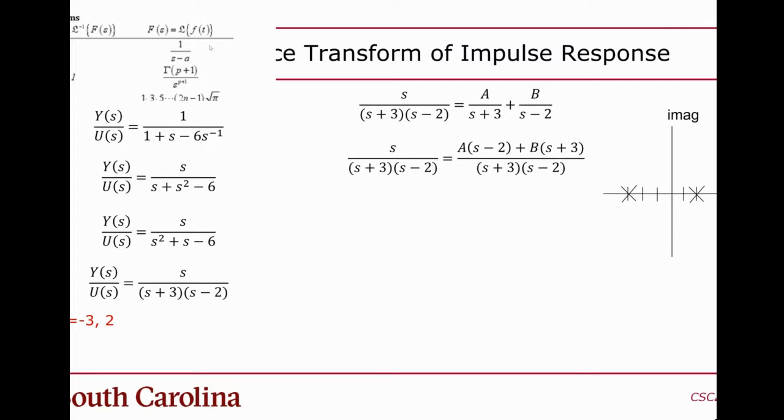So to do that, we will basically pretend as though we started out with a over s plus 3 plus b over s minus 2. If we started out with that and we wanted to merge those two together, then we would take a and multiply it by s minus 2, and we take b and multiply it by s plus 3, and that would allow us to combine them into one fraction where the denominator was the product of the two denominators, right?